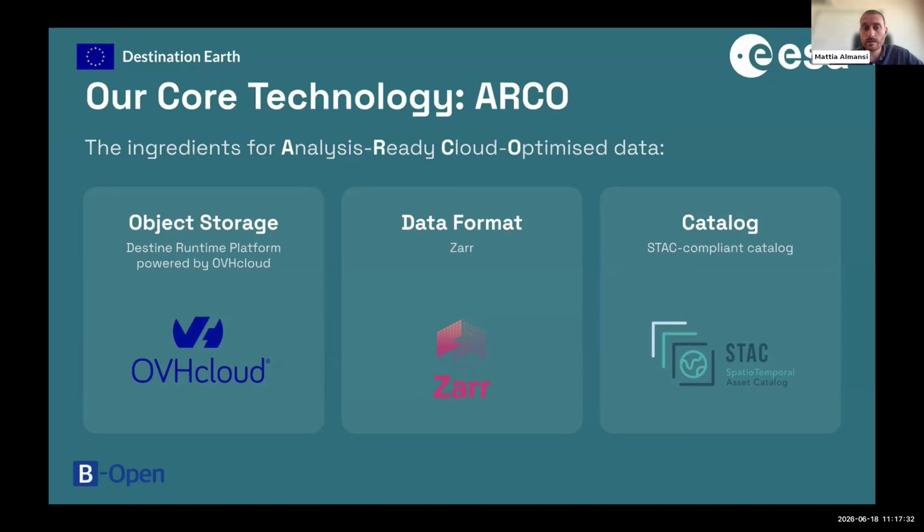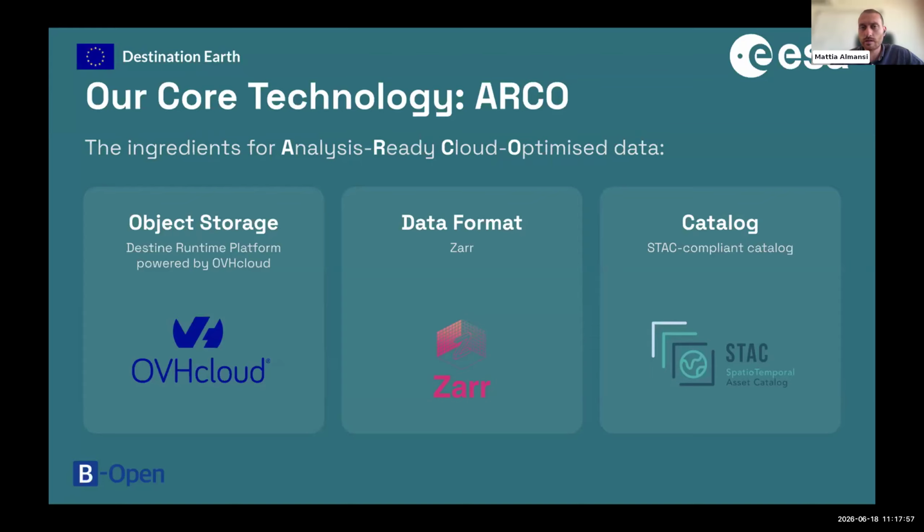Then we decided to reformat all the data that we are taking from different sources and bringing into the Earth Data Hub in Zarr. Zarr is a quite new format, let's say. It's about 10 years old, but has been a great new feature in this ARCO world.